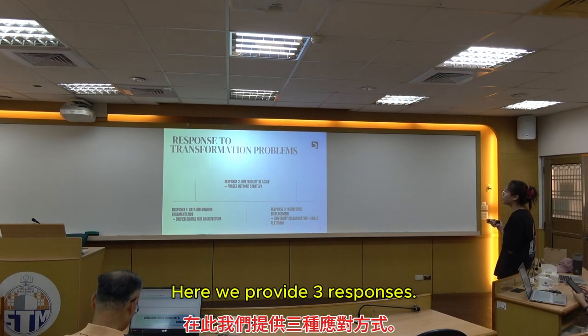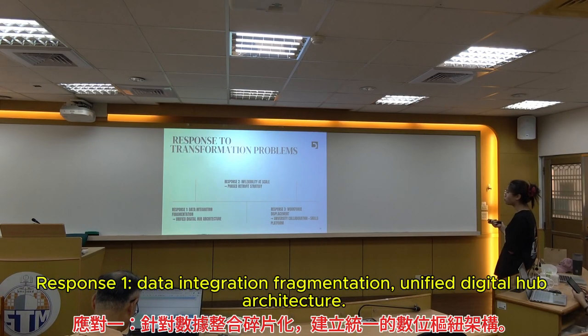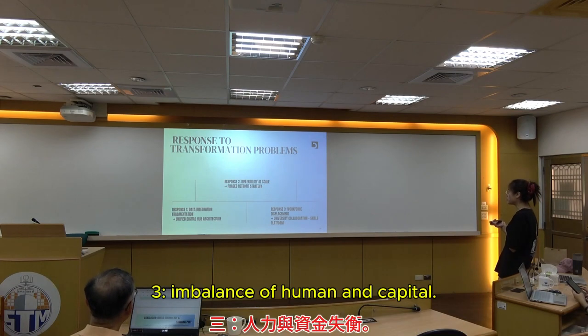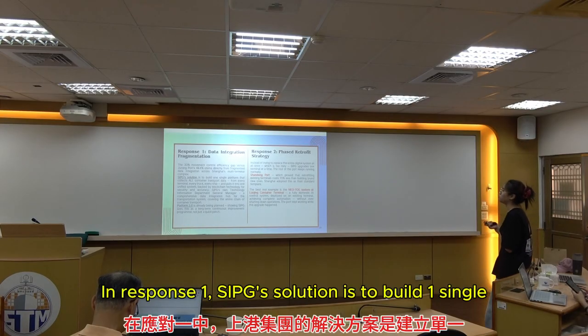Here we provide three responses. Response one, data integration fragmentation: a unified digital hub architecture. Response two, to tackle inflexibility: a phased retrofit strategy. And response three, to handle limits of human and capital.